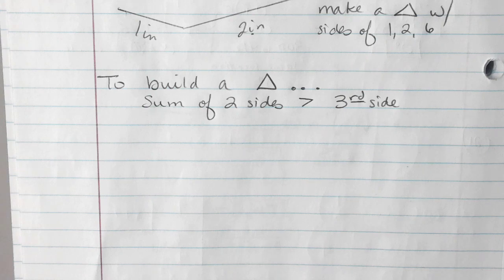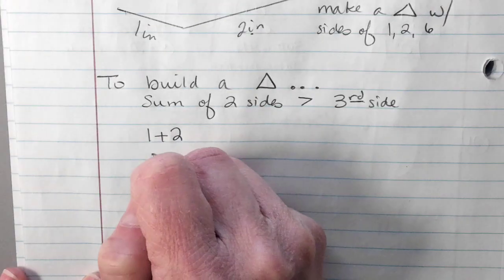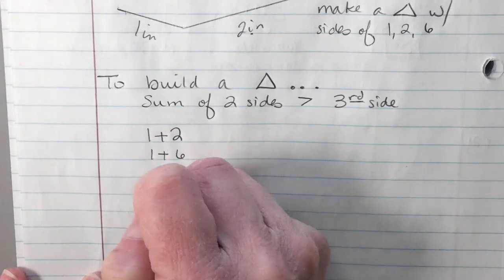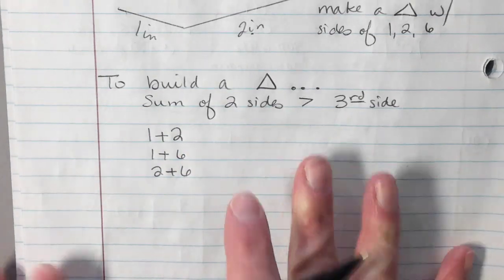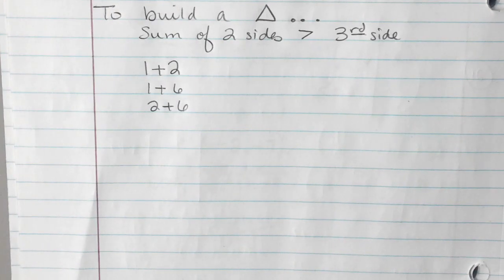And so I'm going to show you why this triangle can't be built using these three lengths. So notice what I'm writing down. I'm pairing together all combos of two sides at a time.